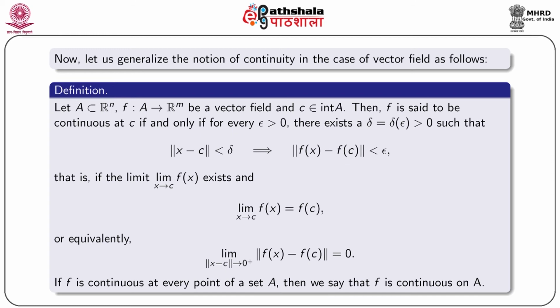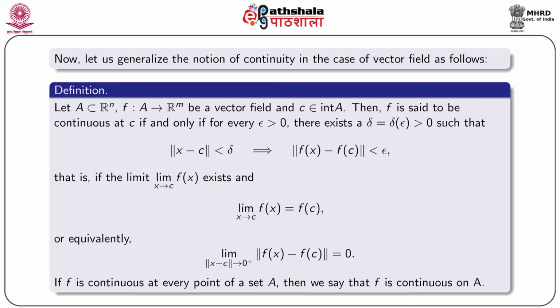That is, if the limit of f(x) as x tends to C exists and equals f(c). Equivalently, we can say if and only if the limit of norm of f(x) minus f(c) equals 0 as norm of x minus c tends to 0 from the right.